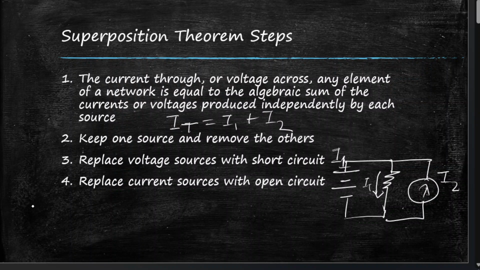And removing the current source means we replace it with an open circuit, which means two disconnected terminals. And if we are analyzing the current source, then we have to remove the voltage source or any other source that we have. And if we're removing a voltage source, we will replace it with a short circuit, a straight line. So these are the base rules.